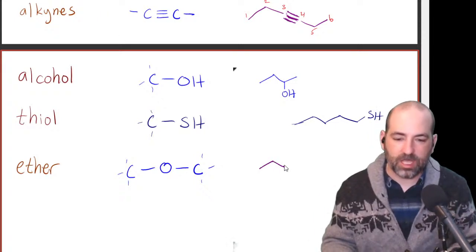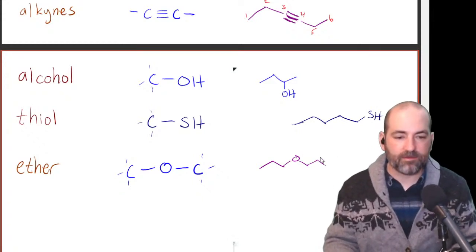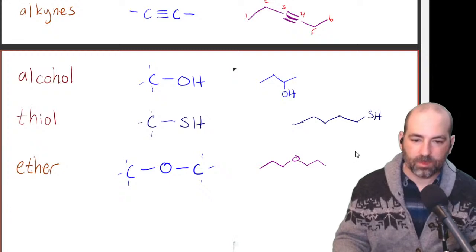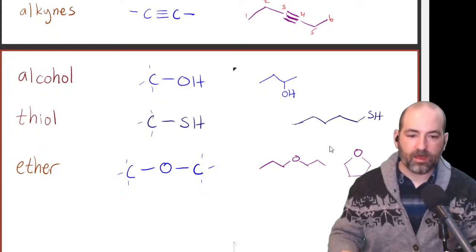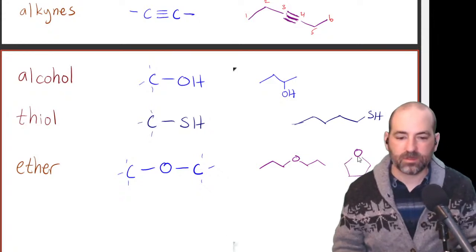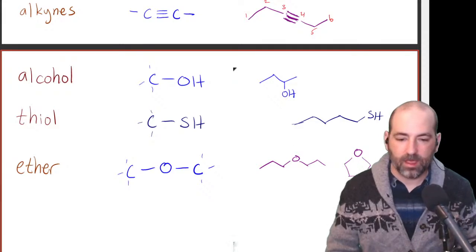So we could have like a chain and then an oxygen and then more carbons. That's an example of an ether. You can also have the oxygen inside of a ring. So you can do something like that. Again, it still fits that definition. Oxygen with a carbon on either side. So that's an ether. This would be called a cyclic ether, just like a cycloalkene.